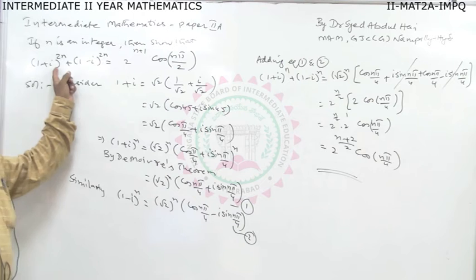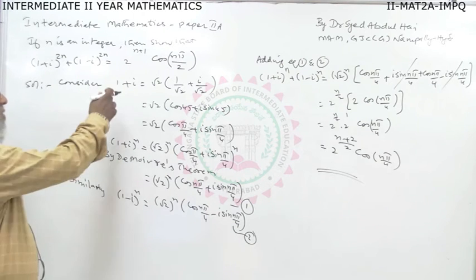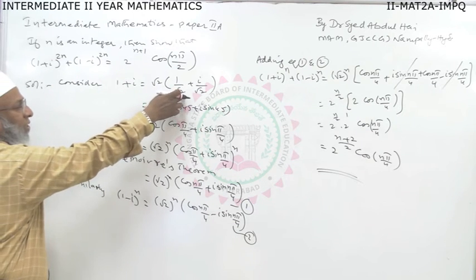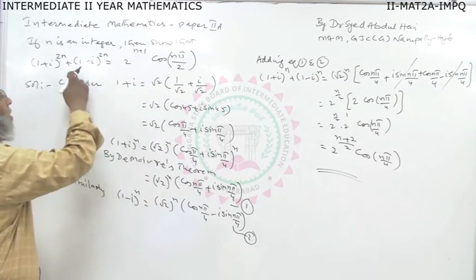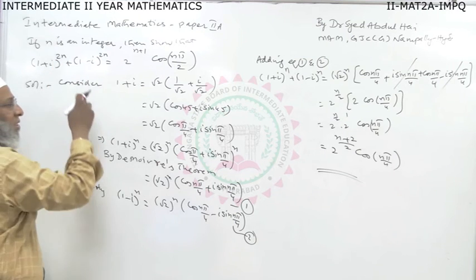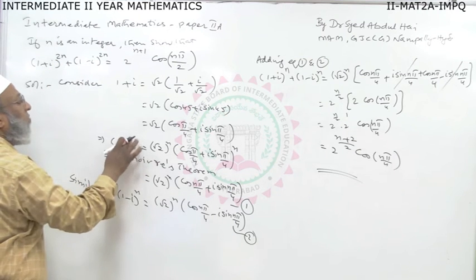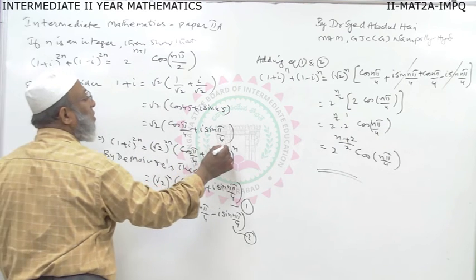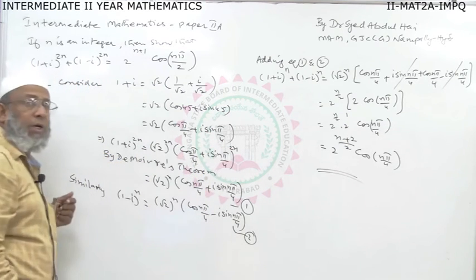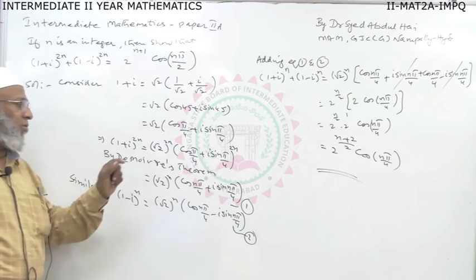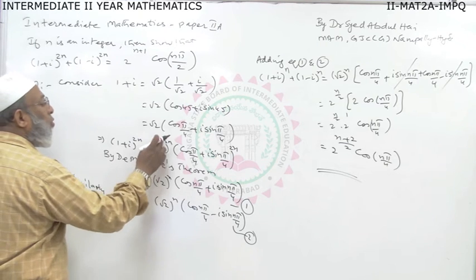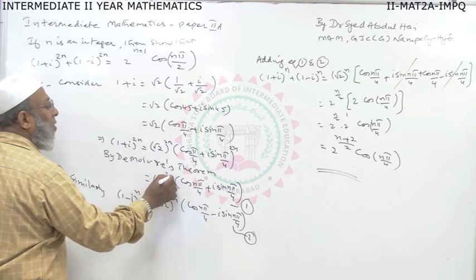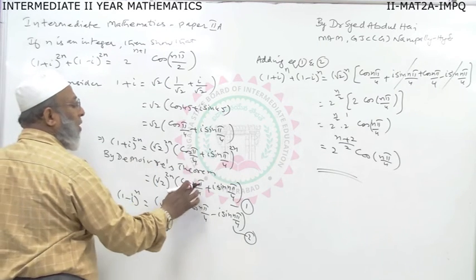So, we will continue this part as it is. You know how to find out the value of 1 plus i. So, here he is asking for (1 plus i) power of 2n. So, if I apply 2n here, he is also 2n, he is also 2n, okay. Now, by De Moivre's theorem, this is nothing but root 2 power of 2n into cos 2n pi by 4.